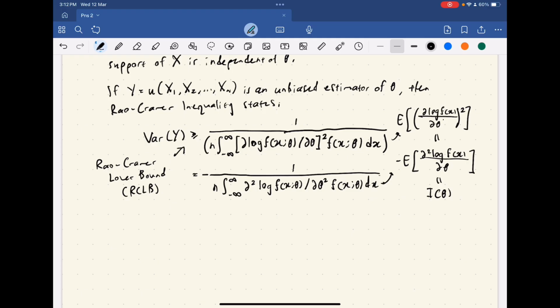I have yet to state the definition of Fisher information, and the definition is simply the expected value of the score function squared. Yeah, that is the definition of the Fisher information, which is just these two integrals here.